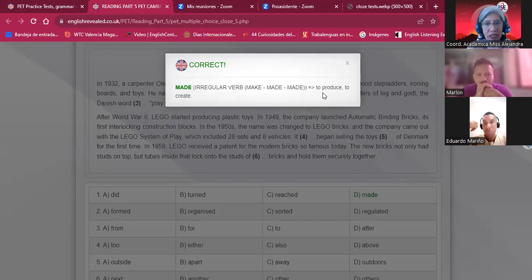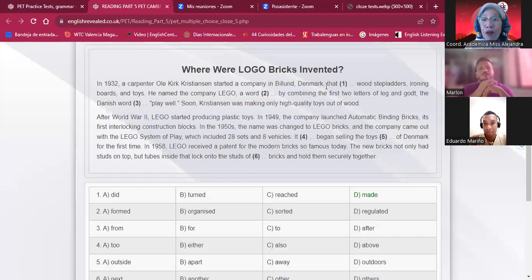But in this case, the synonyms are also produce and create. So they produce wood step ladders, or they create wood step ladders, or just they made, as in ironing boards and toys. He named the company Lego, a word formed by combining the first two letters of leg and godt.